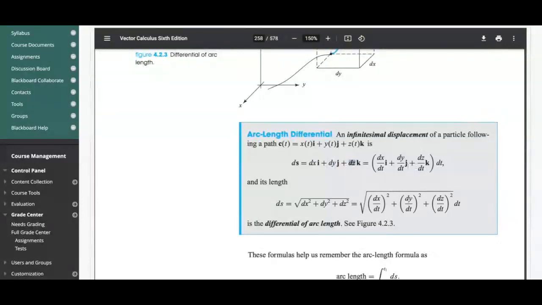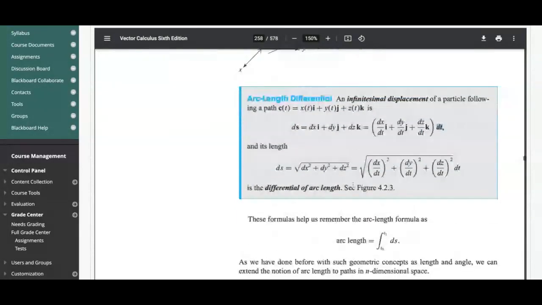Or we can write it this way. Because we're treating the first component x as a function of t, the second component a function of t, the third component a function of t, we can write it as dx/dt, dy/dt, dz/dt, with the dt outside.